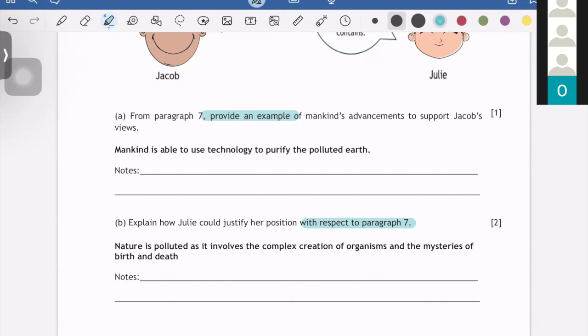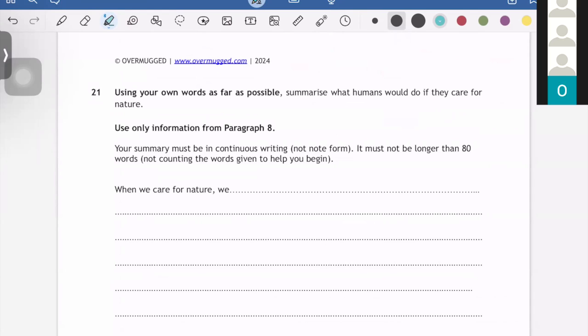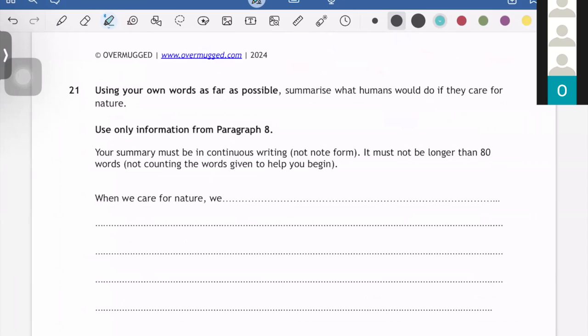Okay. Finally, it's the summary questions. Before starting your summary question, I need you to understand whether the question is a one-tier or two-tier question. In this case, they are only asking you what humans would do if they care for nature. This is a one-tier question.